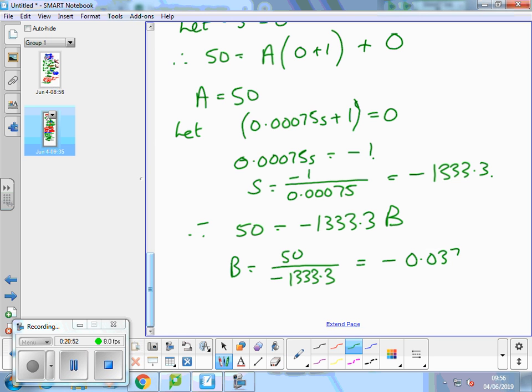Just check those calculations with your calculator, please, just in case. Check those answers that you get for the values of S and B.